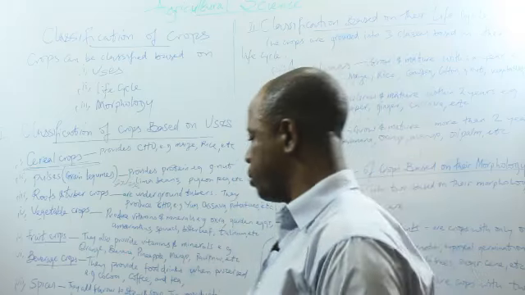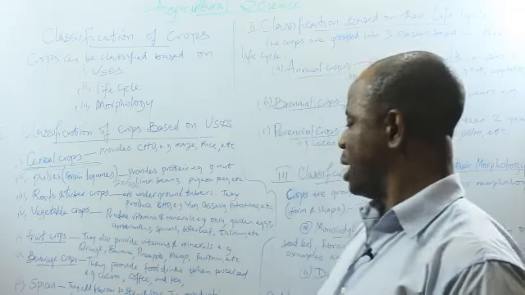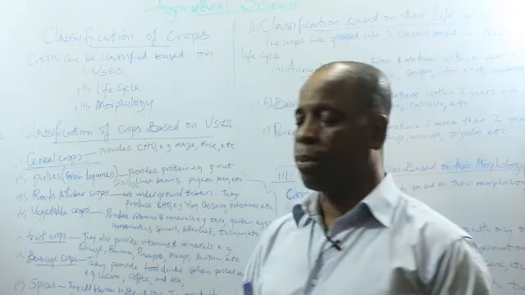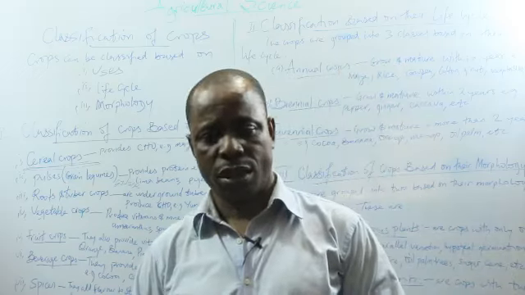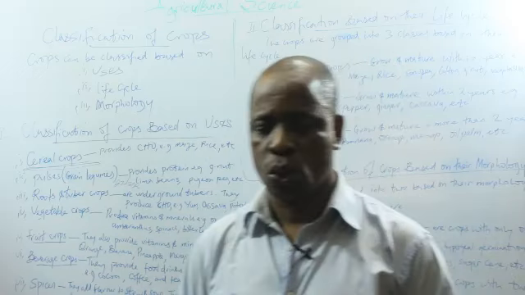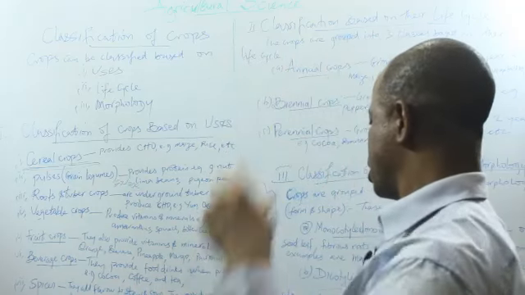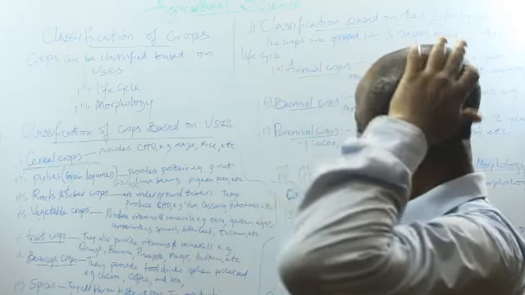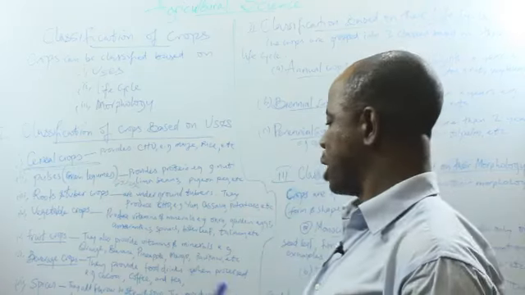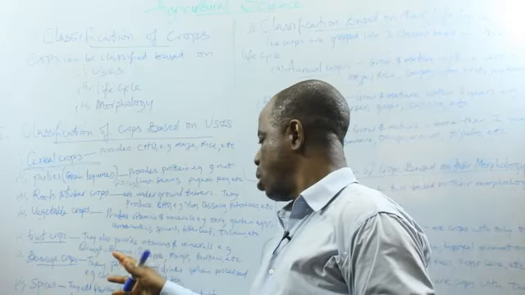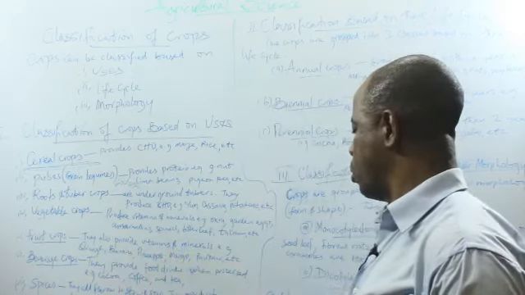From there, we move to fruit crops. Fruit crops are essentially crops that produce fruit. Most of them are tree crops, and they produce fruits that we eat, which give us vitamins and minerals. We eat most of them raw. Examples are oranges, bananas, pineapple, mango, pawpaw.